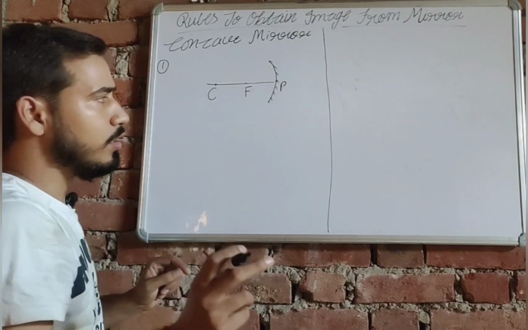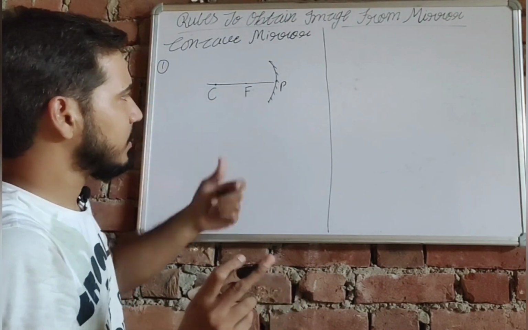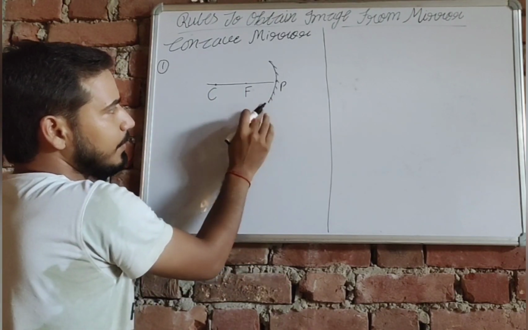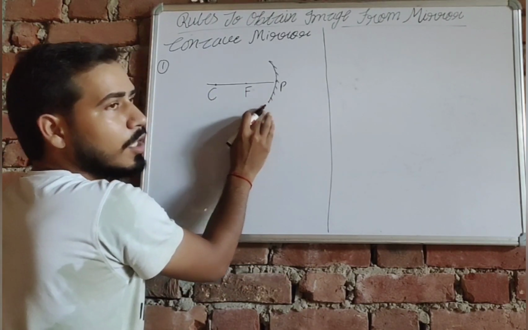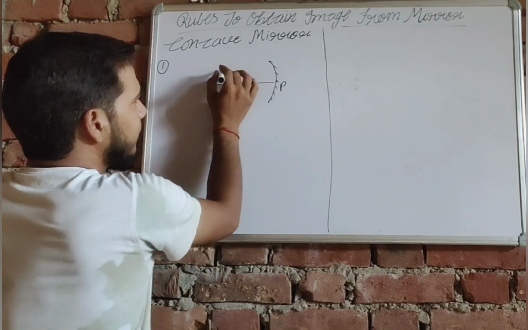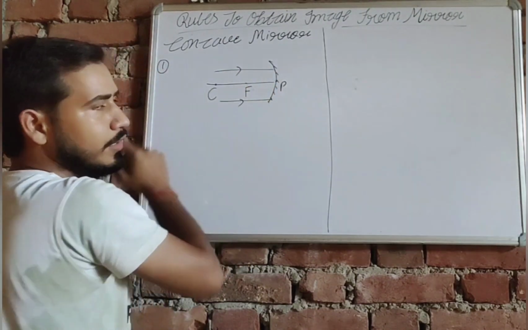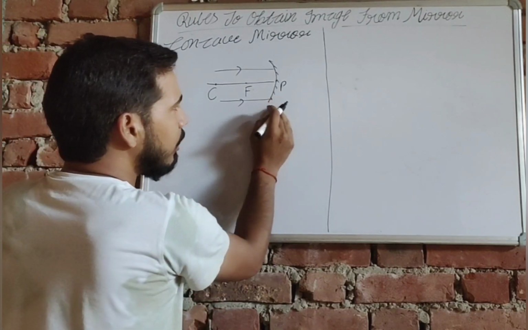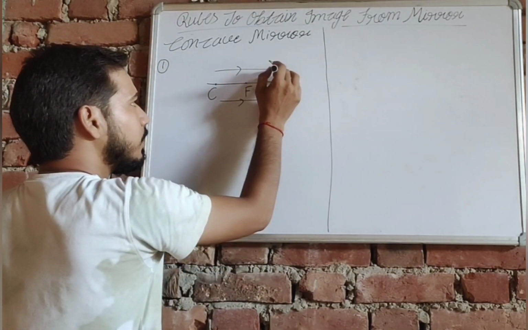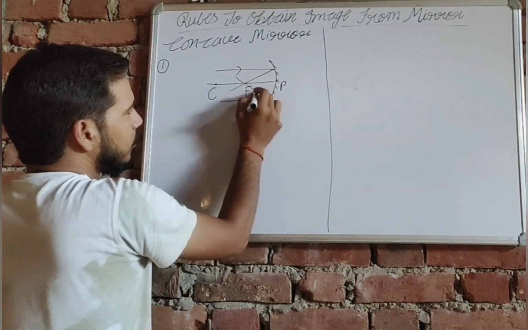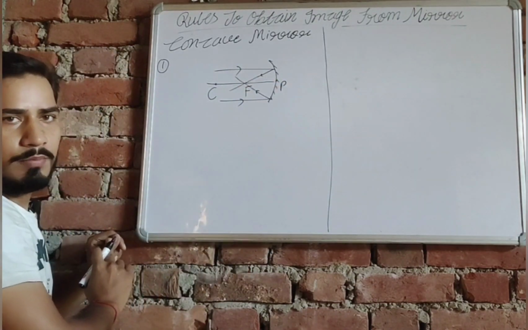So the first rule for the ray diagram says that if any parallel rays of light fall upon the concave mirror, then these parallel rays after reflection from the concave mirror pass through the focus of the mirror.